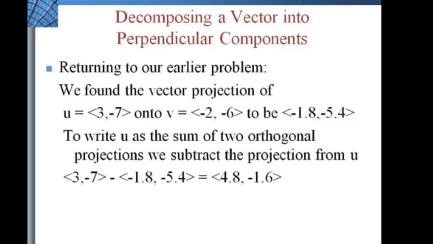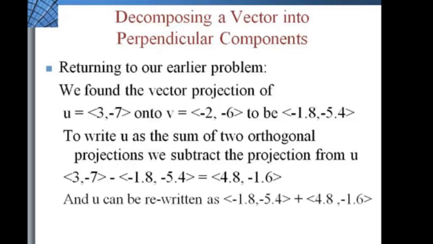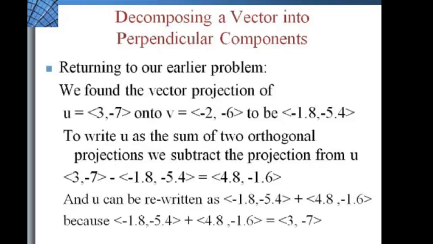So we get the vector 3, -7 minus the vector -1.8, -5.4 equals the vector 4.8, -1.6. The vector u can now be rewritten as the projection of u onto v, which was -1.8, -5.4, plus the vector 4.8, -1.6. Because when we add those two vectors together, we get our original vector u, which was 3, -7.